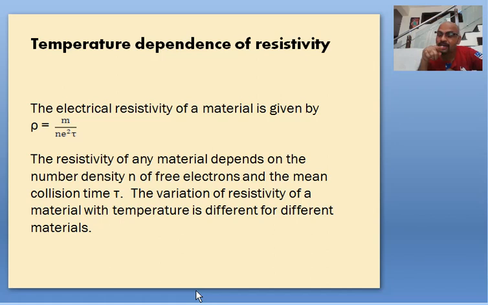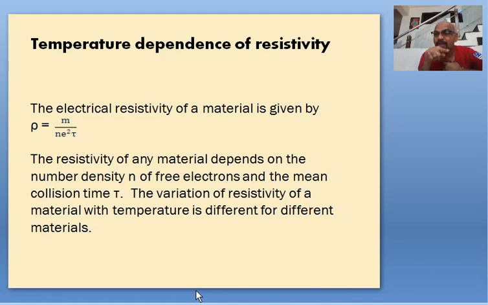The only things that can vary are n and tau. N is the free electron density, which depends on the nature of the material. Tau is the relaxation time, which depends on the temperature. That is the reason we say that rho depends on n and tau.